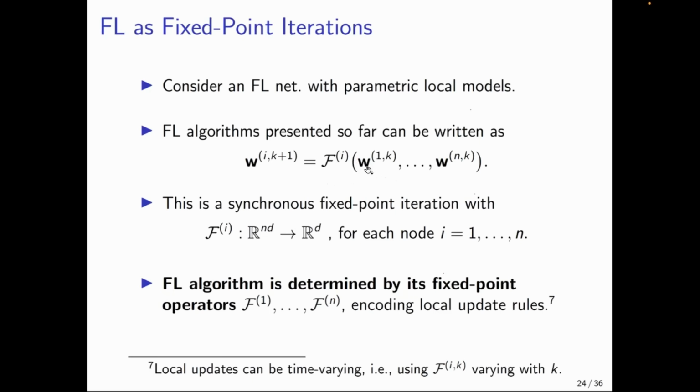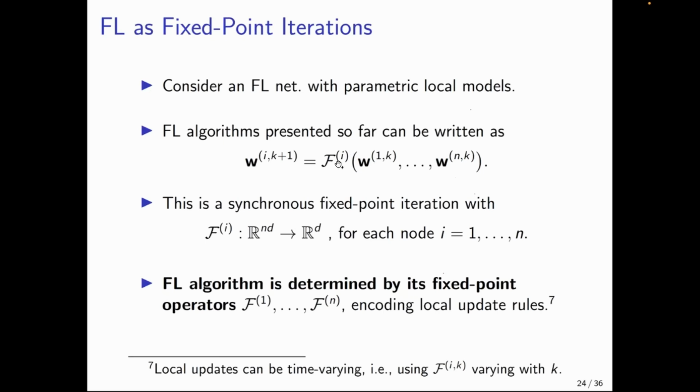You apply this operator to all the local model parameters that are currently used at the nodes. So these arguments here are the current local model parameters at all nodes, and you apply some operator, calligraphic F superscript I. So for each node I, the update at that node can be represented mathematically by an operator.